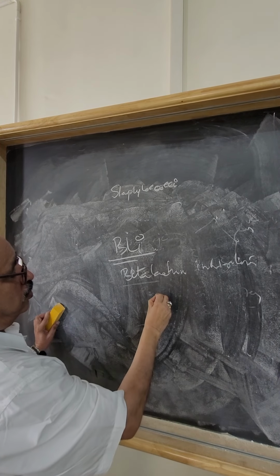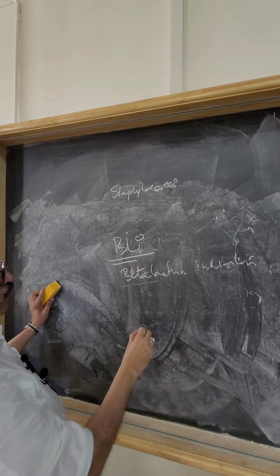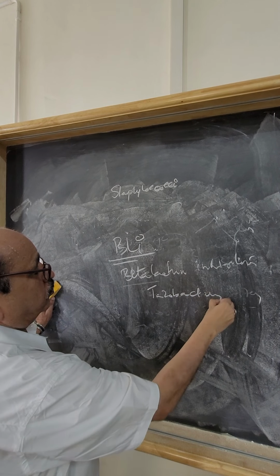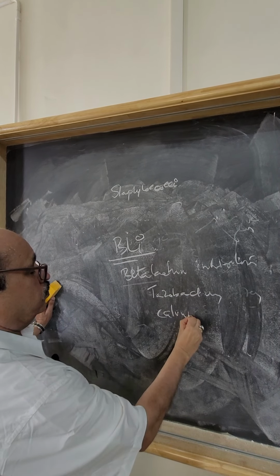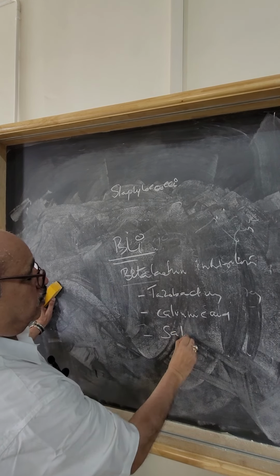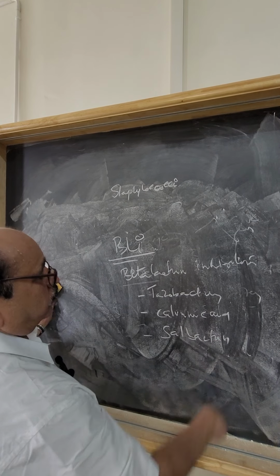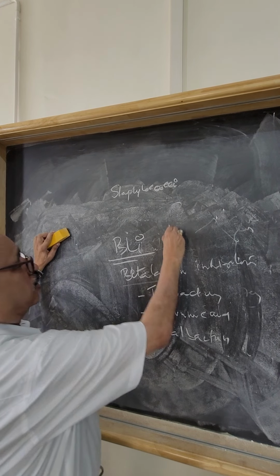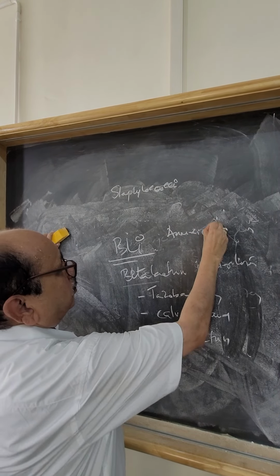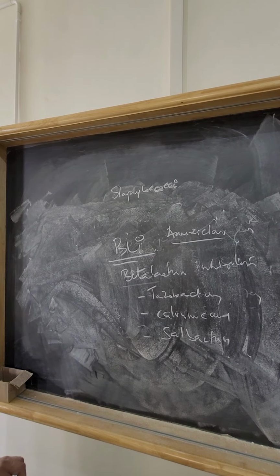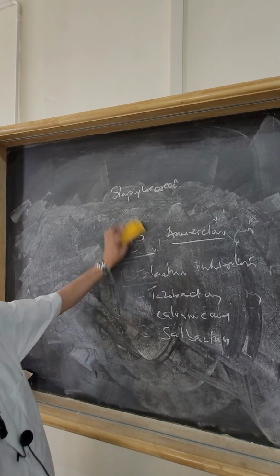There are three: remember with TCS, tazobactam, clavulanic acid, sulbactam. You must have heard of a drug called amoxiclav. So please remember this is always the drug of choice for the treatment of staphylococcal infection.